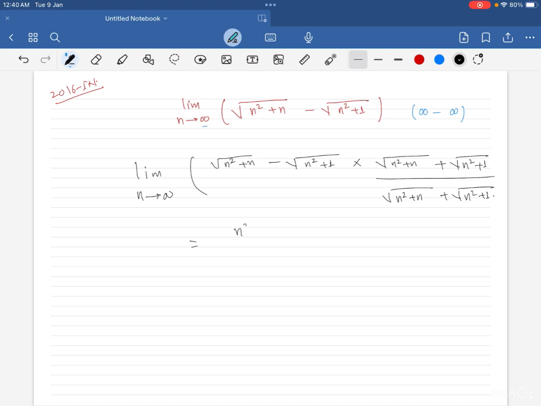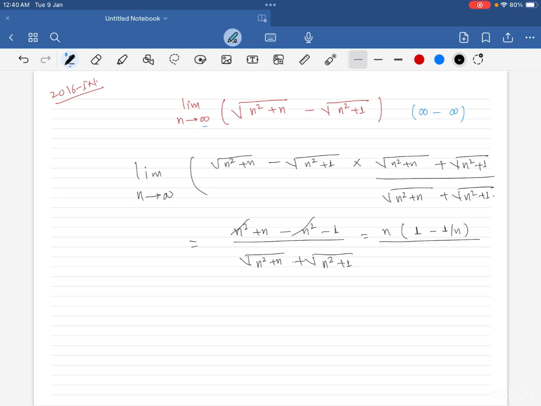Now here you will get n square plus n minus n square minus 1, and in the denominator, root over of n square plus n plus root over of n square plus 1. This n square, this n square will get cancelled. Take the n common: 1 minus 1 divided by n.